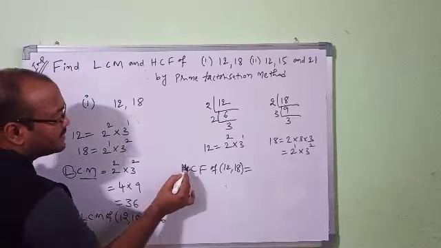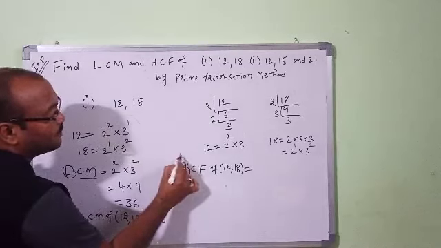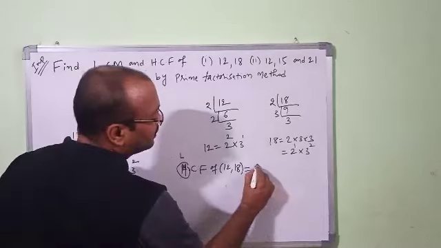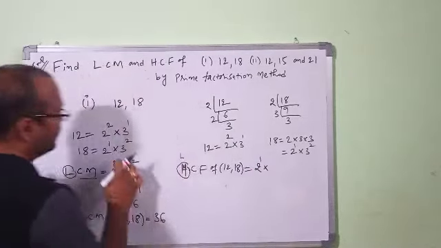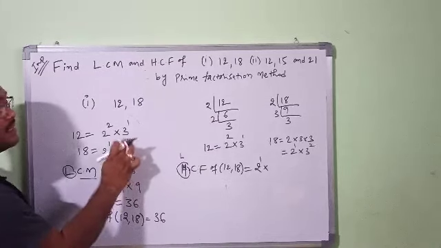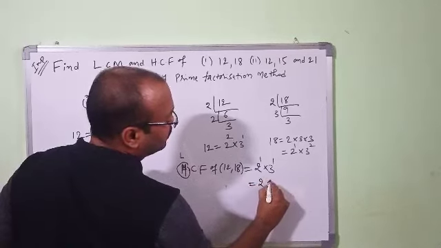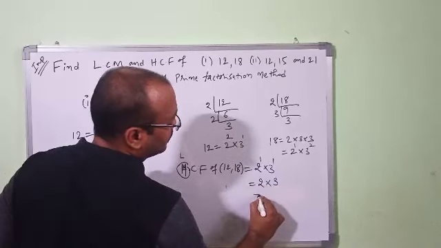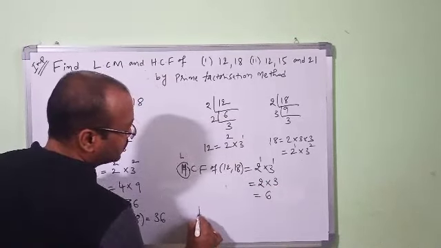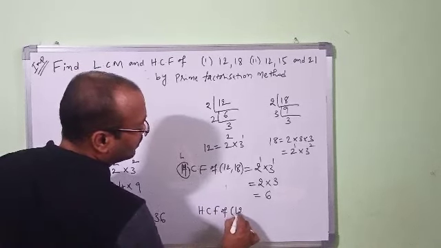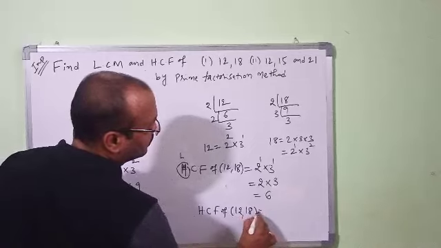Here, since it is highest, we take the least power. In these two, the least is 2 power 1. In the common of 3 power 1 and 3 square, the least is 3 power 1. 2 power 1 is nothing but 2, 3 power 1 is nothing but 3. So 2 threes are 6. So the HCF of 12, 18 is equal to 6.